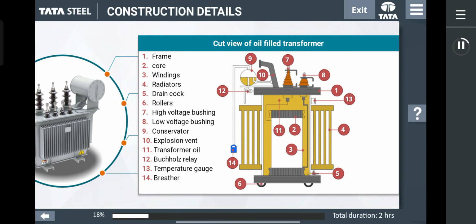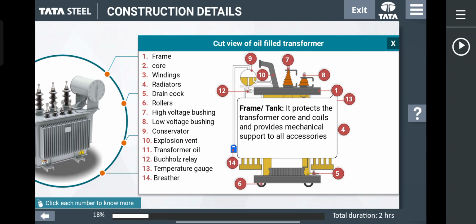Let us look at the cut section of transformer to understand it more clearly. Click each number to know more. Frame or tank. It protects the transformer core and coils and provides mechanical support to all accessories.